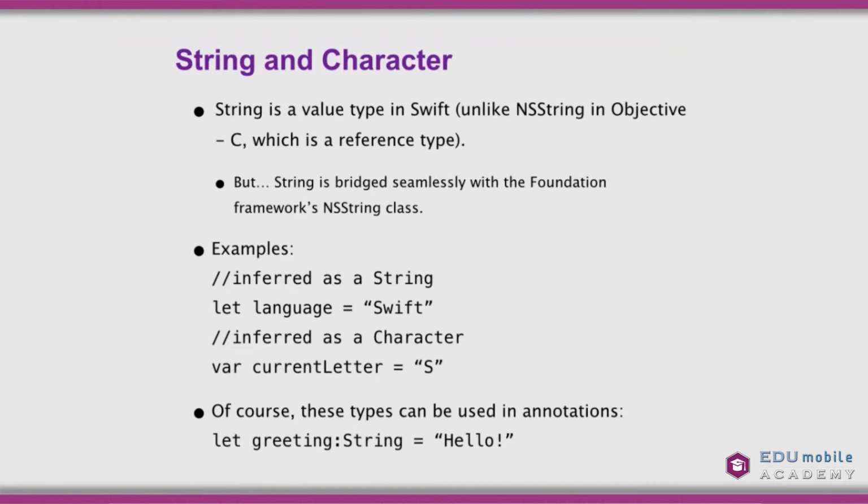However, if we want to have a character, we can have a string containing only one character. This is inferred to be a character type. Of course, we can use these types in annotations. So greeting as a string, hello, we can do that as well. If we need a one-character string as a string type, we would need to annotate it as a string.